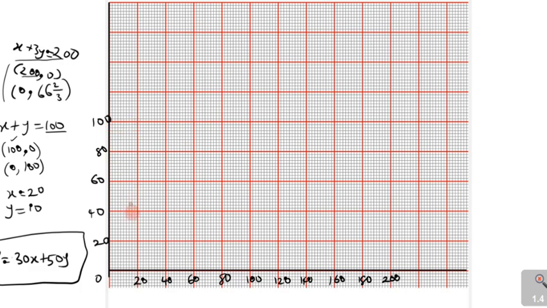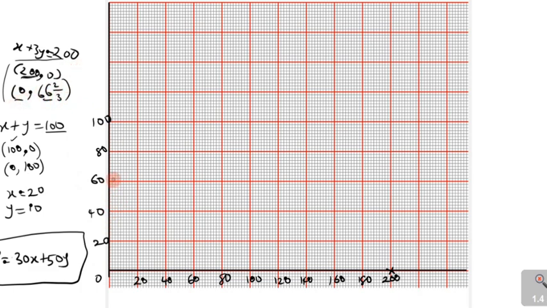So what we're going to do for the first part, we had the coordinate of the intercept as 200. So we'll come to this place, x is 200. You mark it. Then the next one, the coordinate of the point is 66.6.